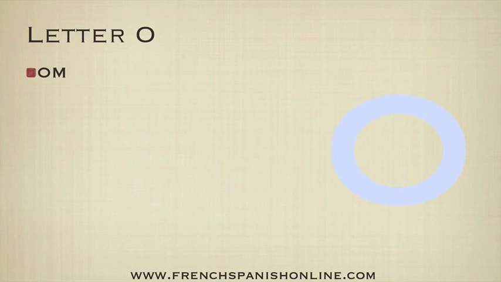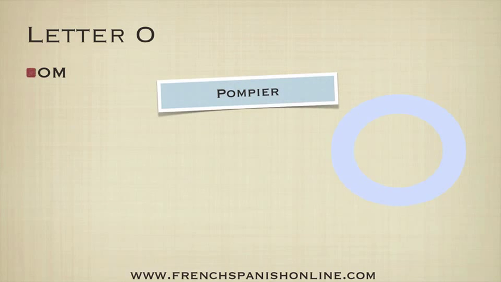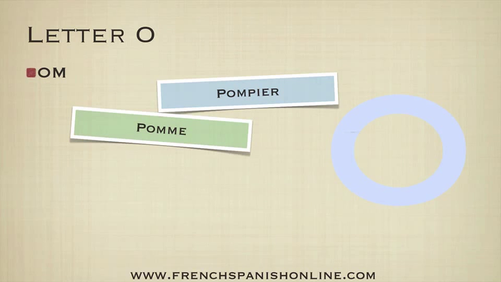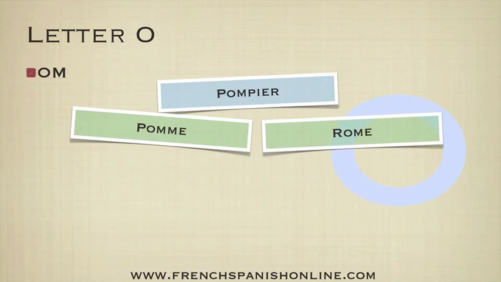Let's see now a vowel and a consonant, OM. When OM is followed by another consonant, which is not a M, like here a fireman, the sound is on, pompier, on. However, if it's a second M or a vowel, the sound is pomme, rhum.